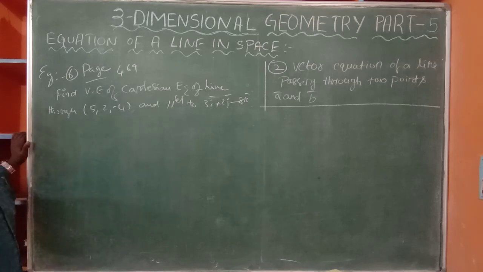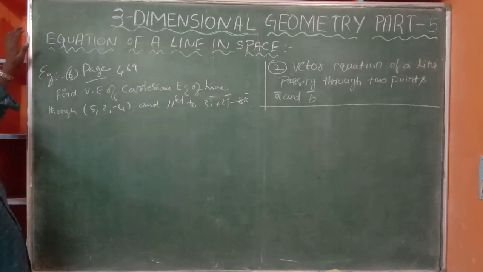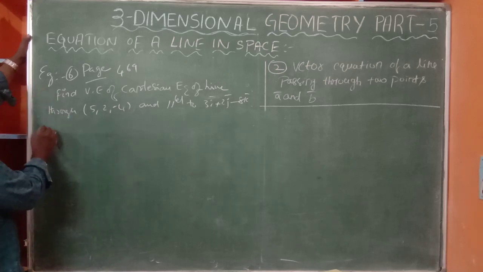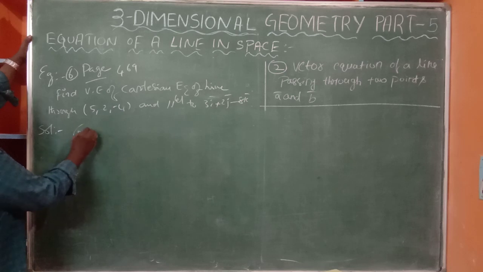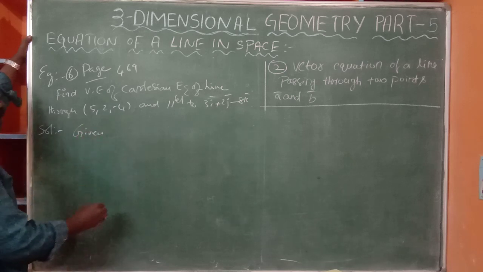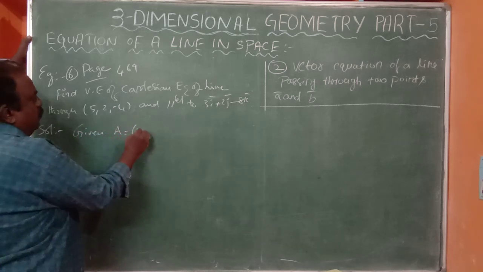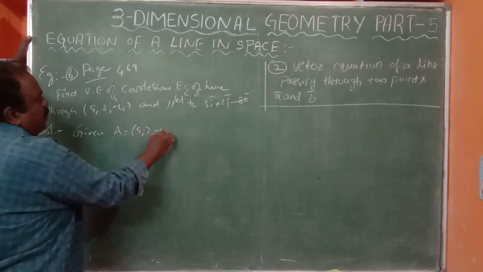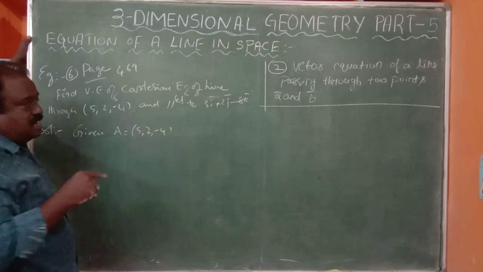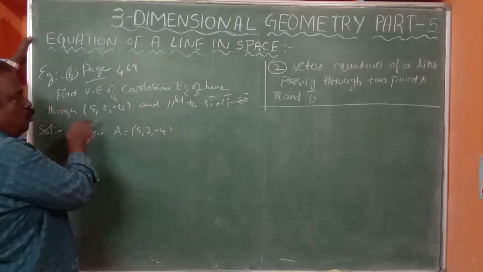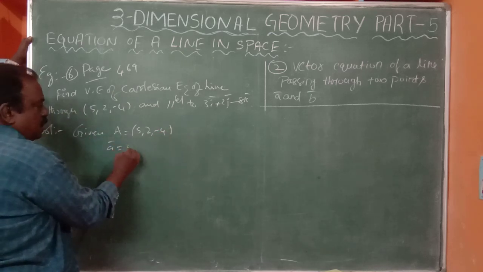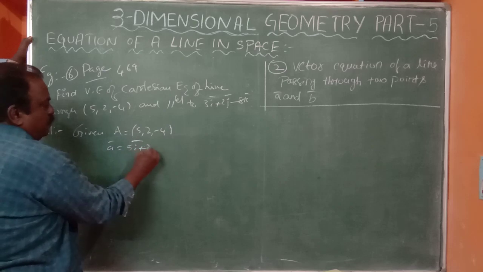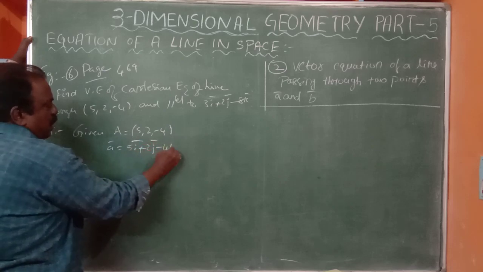Now we take one example, page number 469, example 6. You see that we are given capital A equal to (5, 2, minus 4). You can understand here that the line is passing through the given point A. That is, what is A bar? It is 5i plus 2j minus 4k.